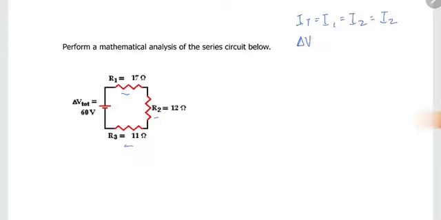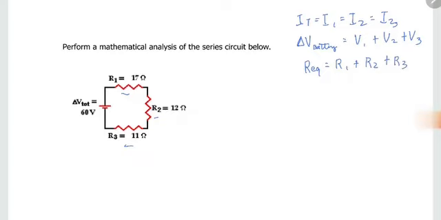The voltage of the battery will be the summation of the voltage drops across the resistors, and then the equivalent resistance is solved by summing up the individual resistances.